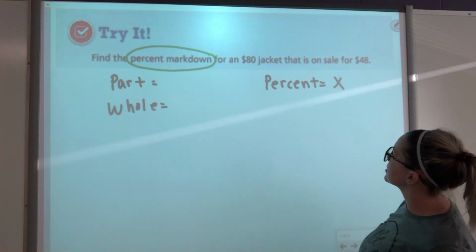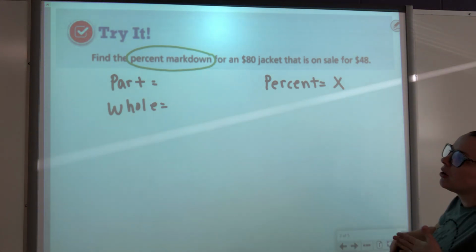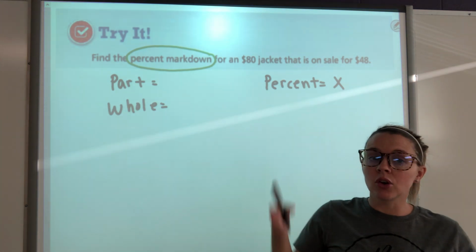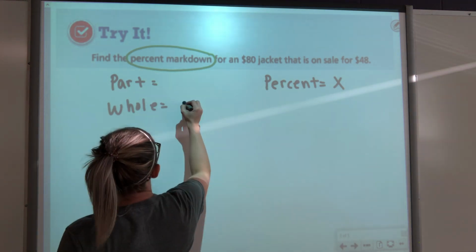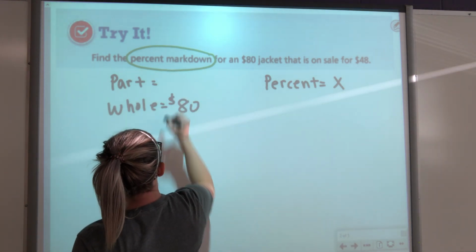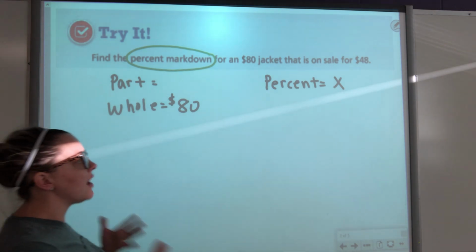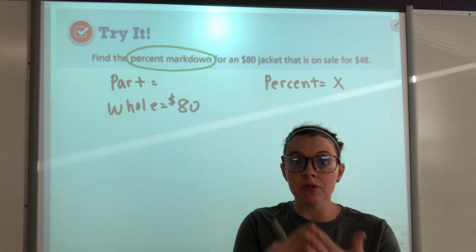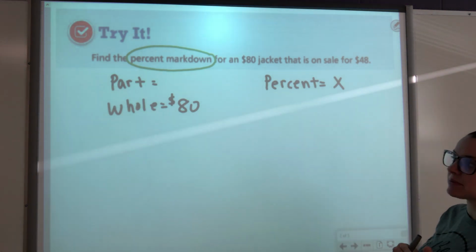So we already know that our percent is going to be x. Now I want you to think closely about what's the part and what's the whole. Okay? The whole is going to be your original cost. So how much does the jacket originally cost? $80. But our part is not going to be $48. Our part is how much it was marked down.